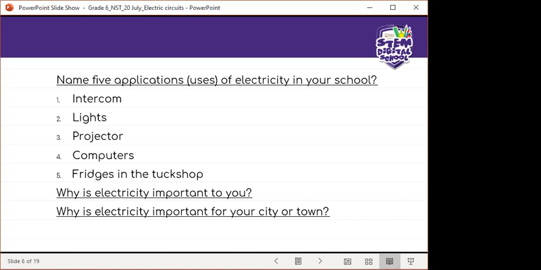Why is electricity important for your city and for your town? So now we are just moving away from you as an individual and we are looking at your surroundings. Why do you need electricity in your surroundings? So in this case, or to even answer this question, you can think of the roads that you travel in. What do you see on the roads?